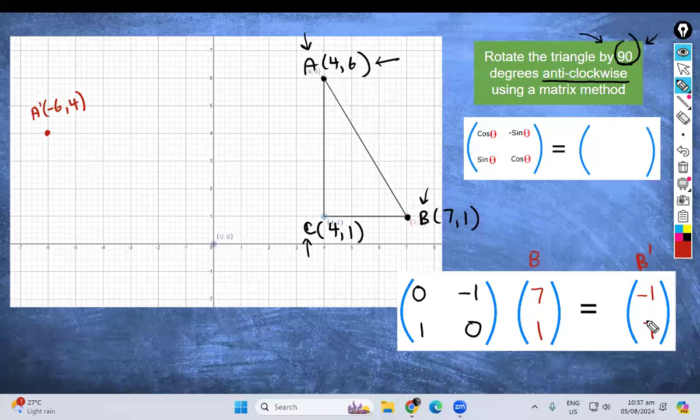The top is the x, the underneath is the y. Let's go to -1 all the way up to 7. That's somewhere up here. And guess what? Do the same thing for point C now. Take point C, which is 4, 1, multiplied by the same exact matrix, and get C prime for me.